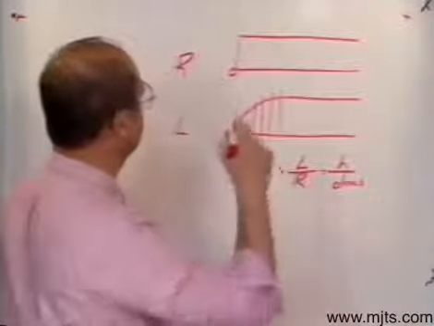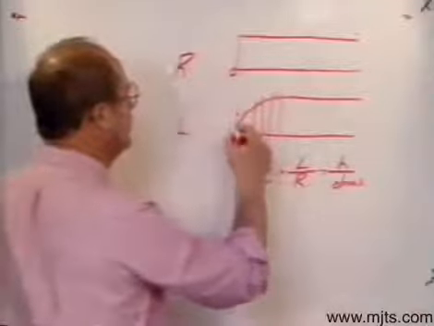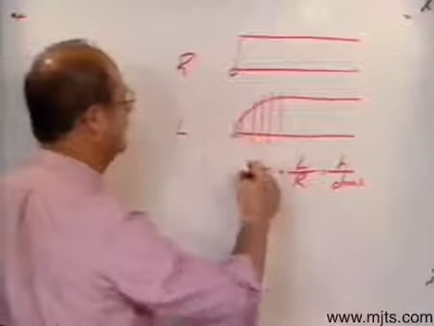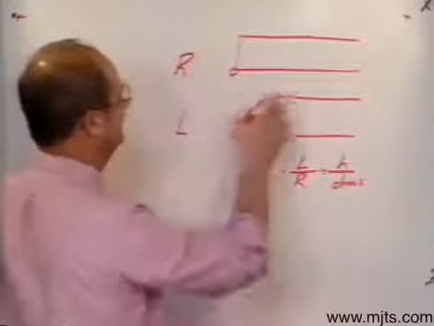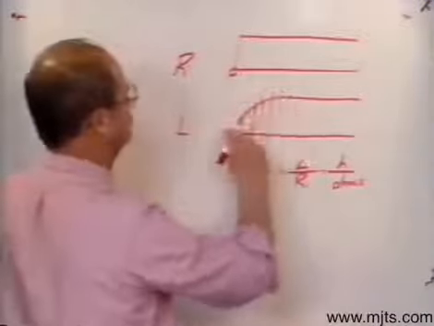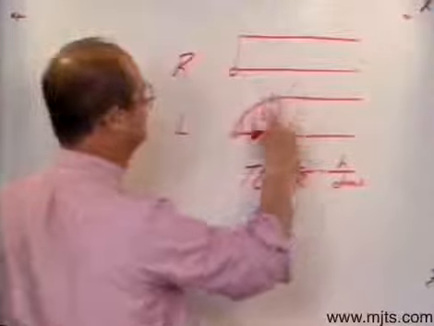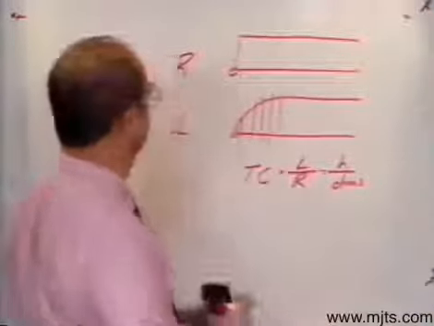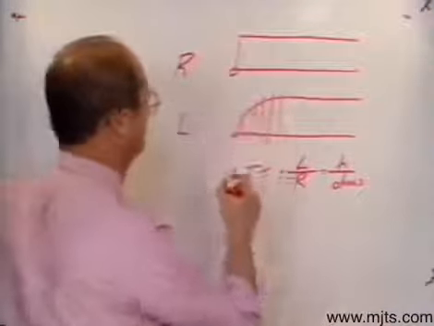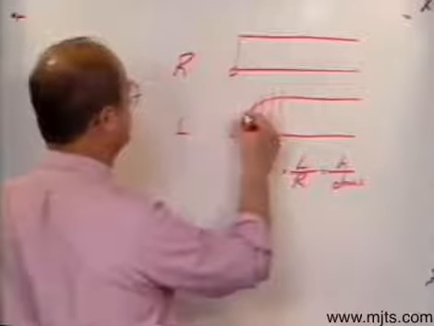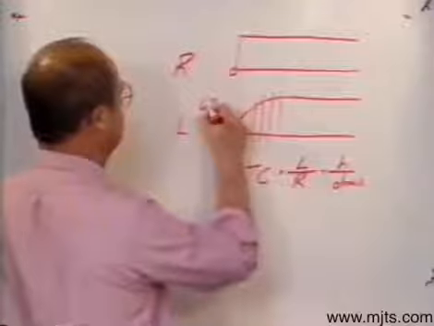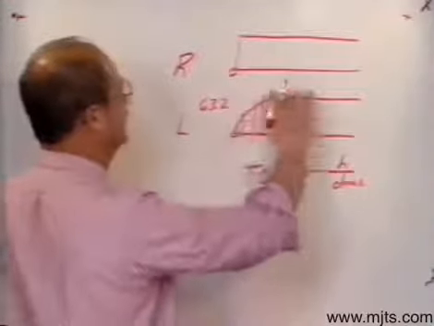Now, if I have an inductor and a resistor in that circuit, those combined values are going to determine what my time constants are going to be. Now, the first time constant is going to be a value of 63.2% of the maximum value.